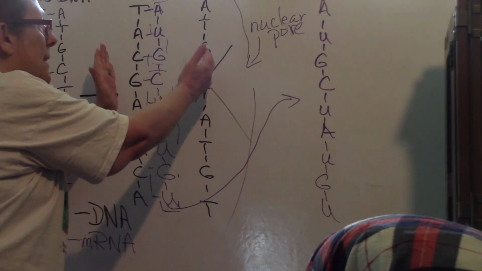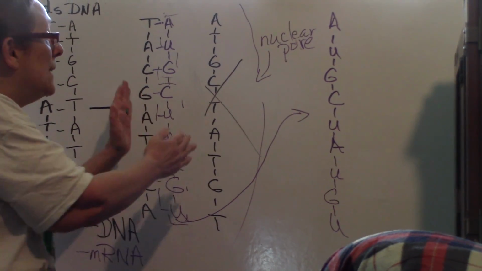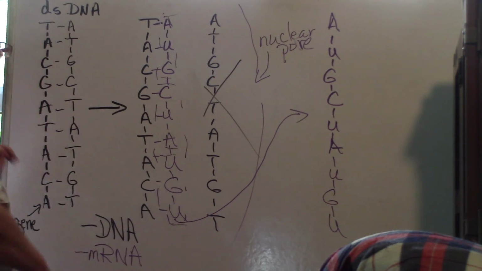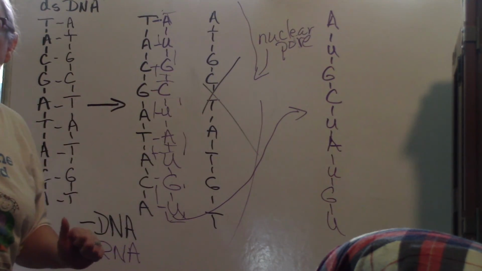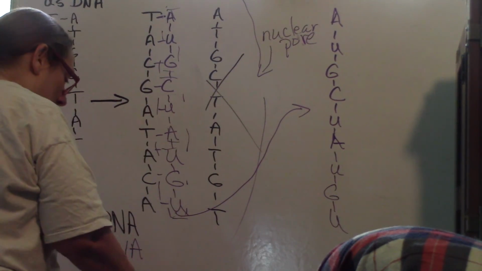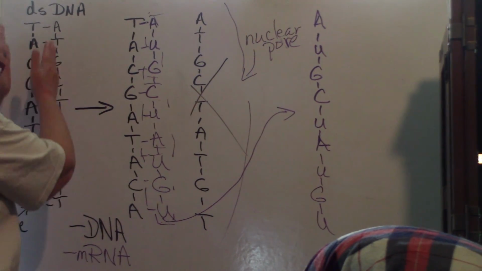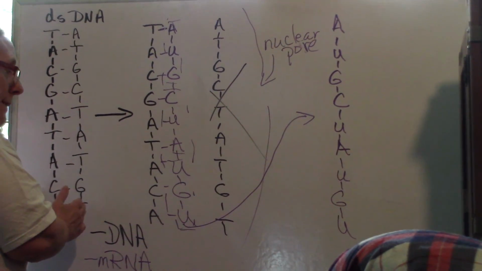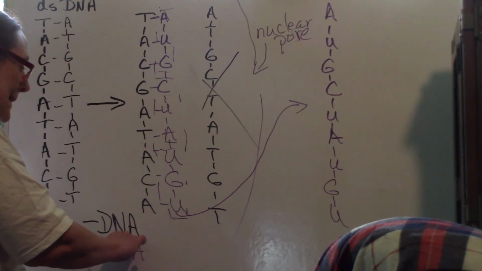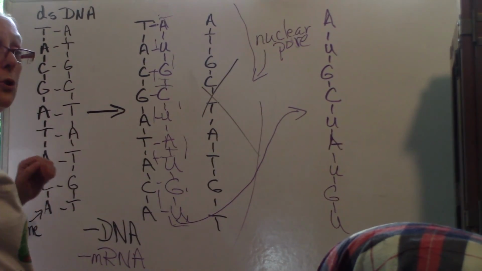And if there was only one messenger RNA needed, this closes back up, and we're back to this. If not, it keeps making more. So that's transcription. Transcribing from our nice cookbook volume the recipe that's in DNA language to the recipe in messenger RNA language.